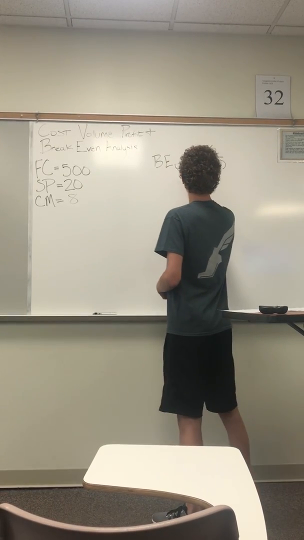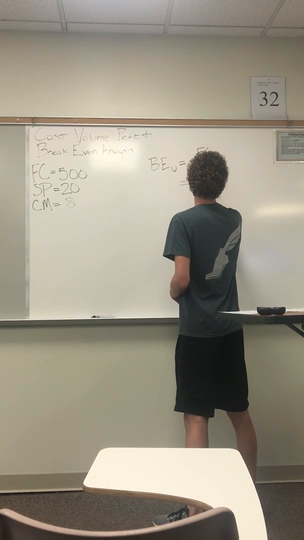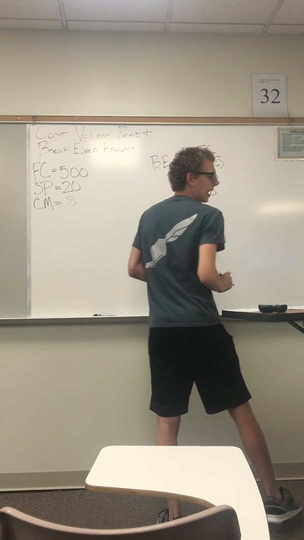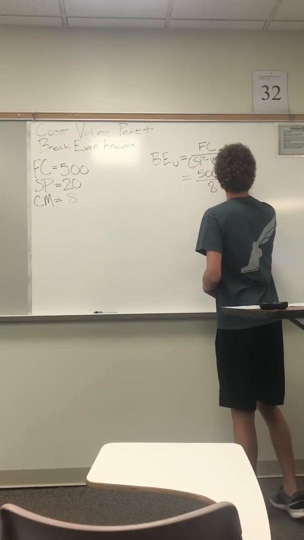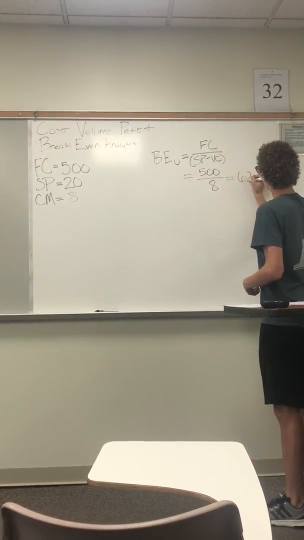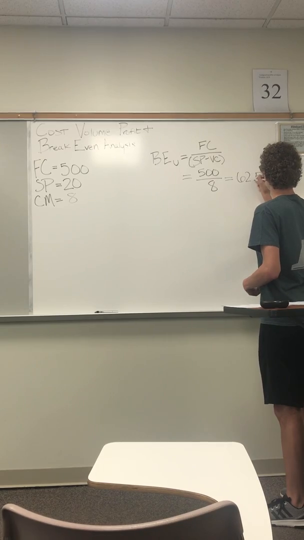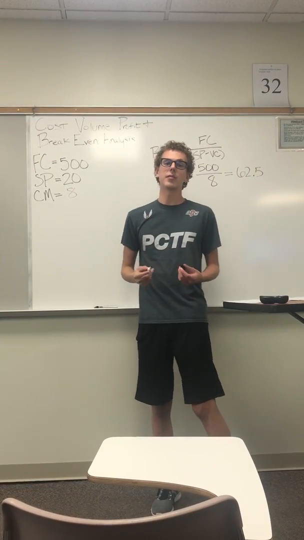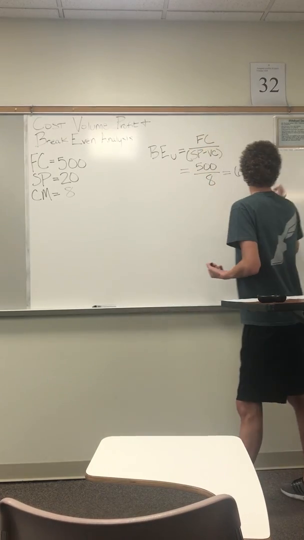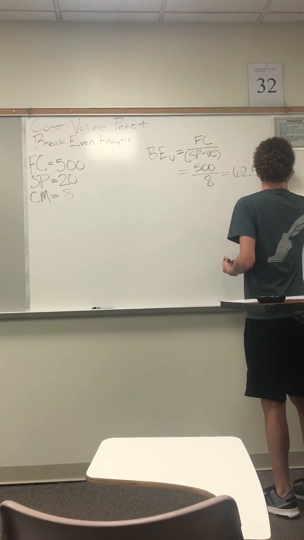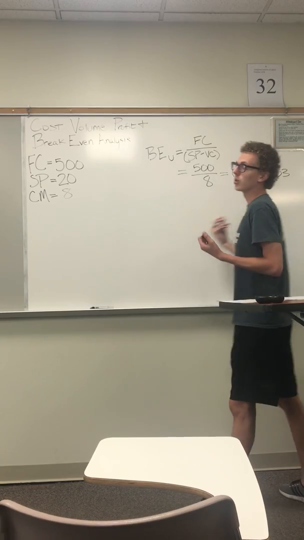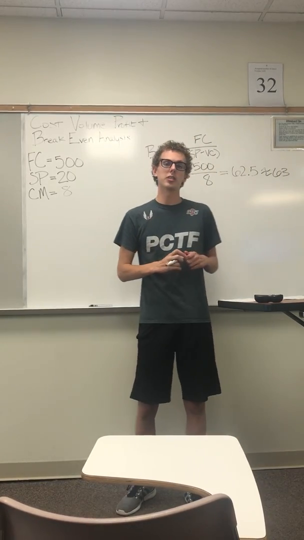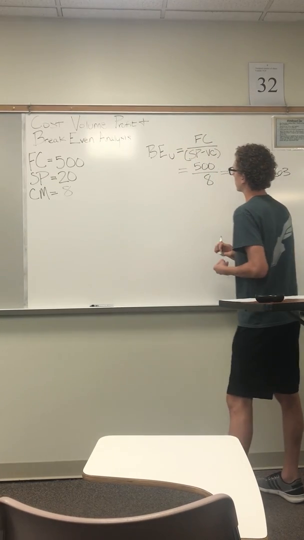So we plug our numbers into our equation, which is 500 over 8, and we get that we need 62.5 units. Now, in the real world, you cannot produce half of a unit, so we have to round up to 63. If you only make 62, you're not going to break even, you're going to be losing money. So we have to round up to 63.